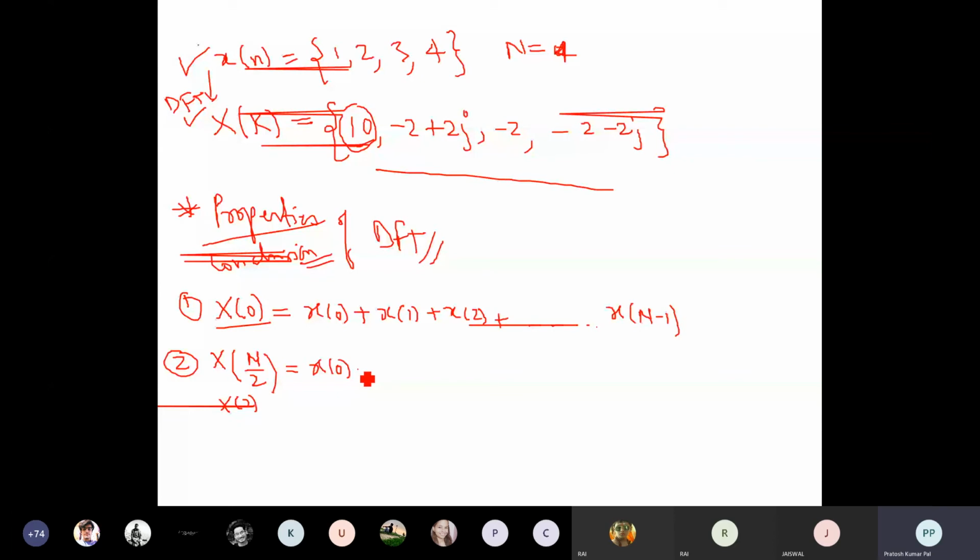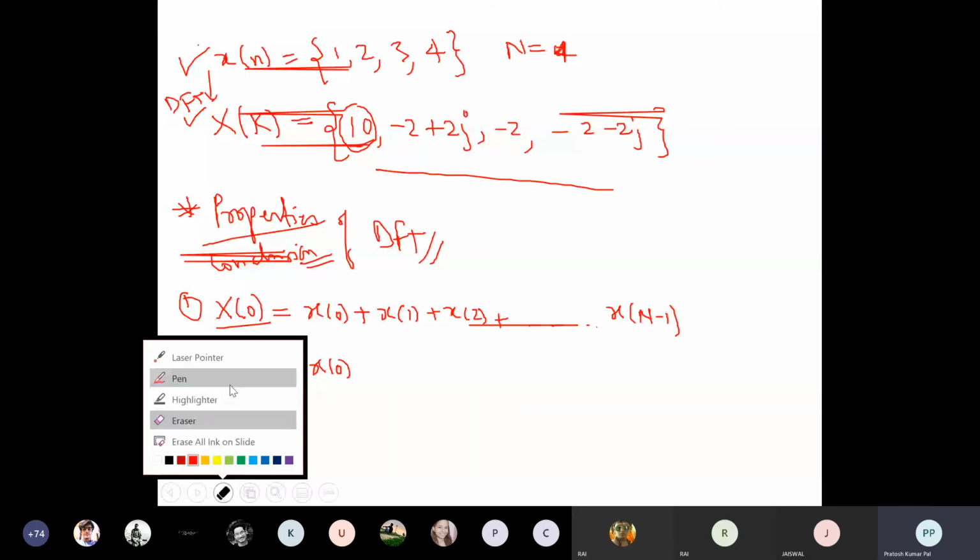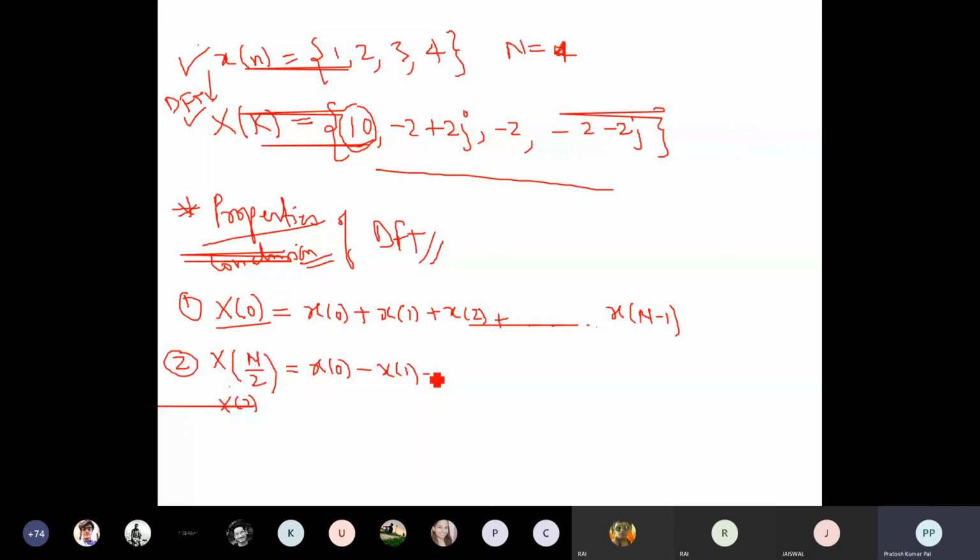Like once we have taken x of 0, then again we will be taking minus of x of 1 plus x of 2 and minus, keep on, at the end we will be getting the minus of x of n minus 1. Okay, so alternate sign will be there.